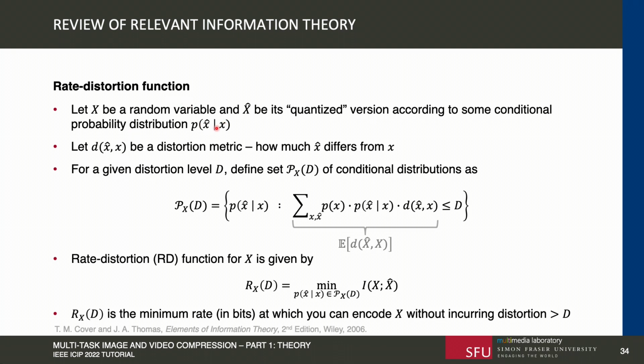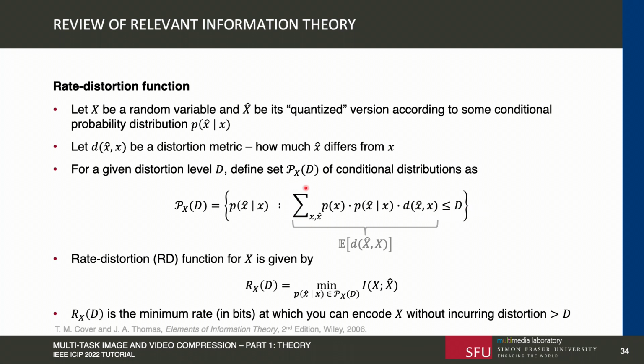With the quantizer and the distortion metric defined, we can define a set of feasible conditional distributions, or feasible quantizers, for a given distortion level. This set is defined as the set of all conditional distributions such that the sum of the probability of x times the conditional probability of x hat given x times the distortion is less than or equal to d.